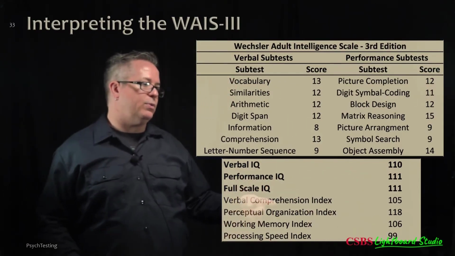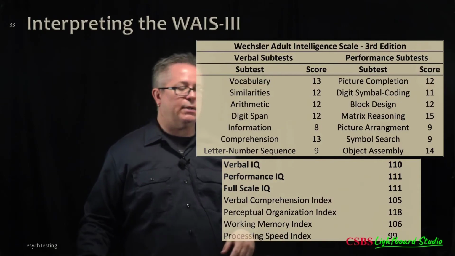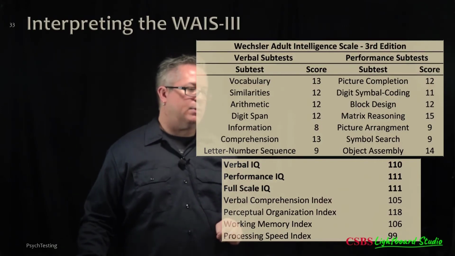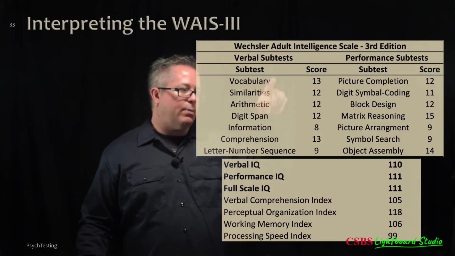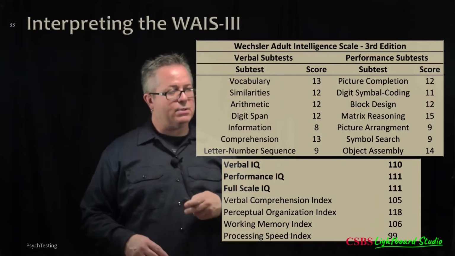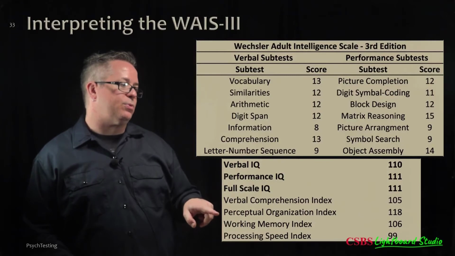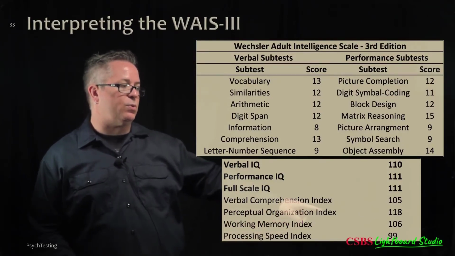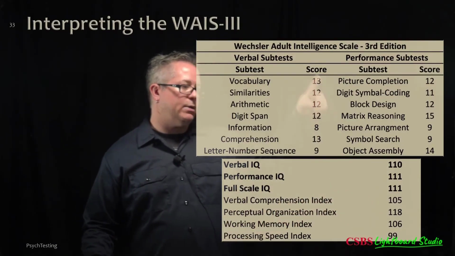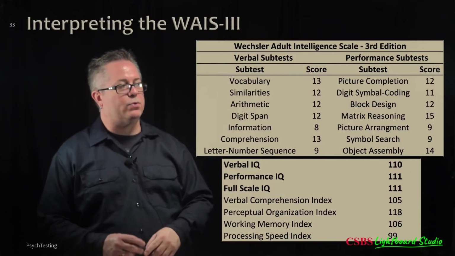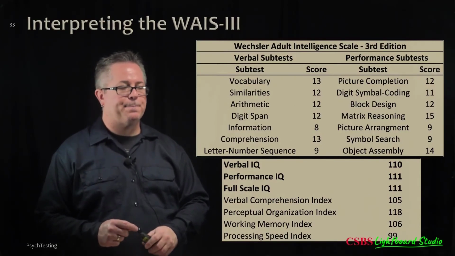You can then use those to rescale to the full scale IQ, and then if you recombine based on what we just talked about, these index scores, you can get verbal comprehension, perceptual organization, working memory, and processing speed scores by simply recombining the scores from those subtests together. Okay.